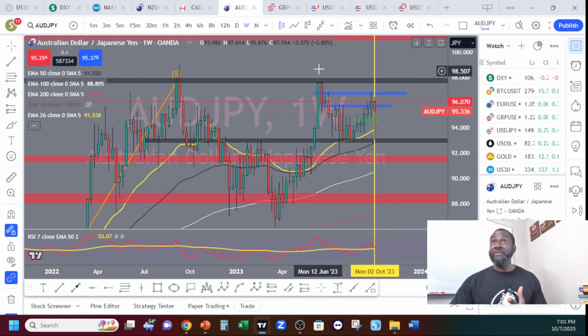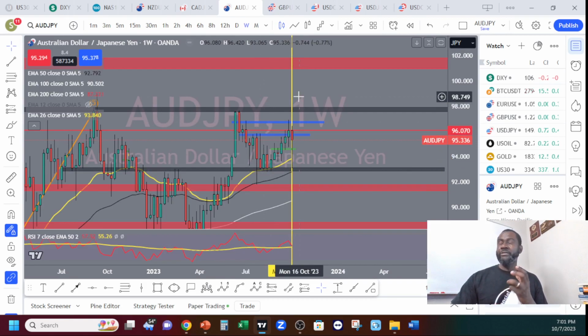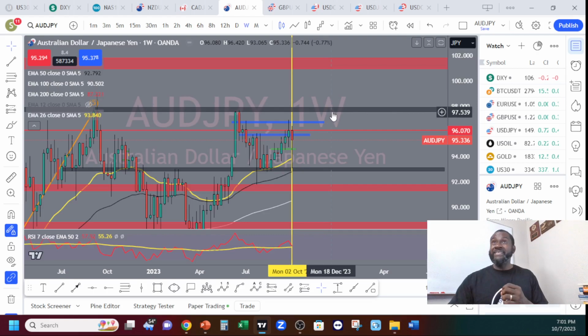So what might happen? In order for price to get into what we call a daily uptrend, it needs to break that resistance level, create a high that is higher than this high, and come back to test it to give us another low.